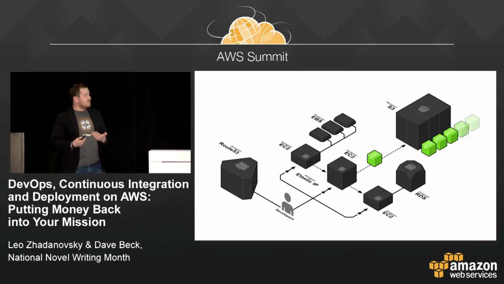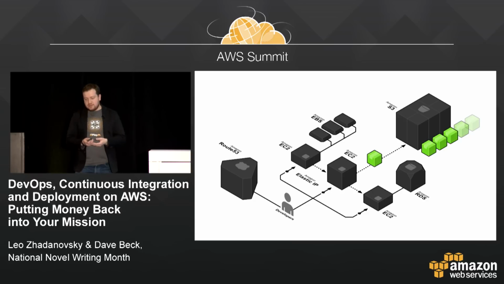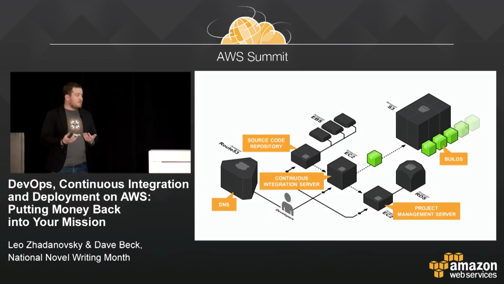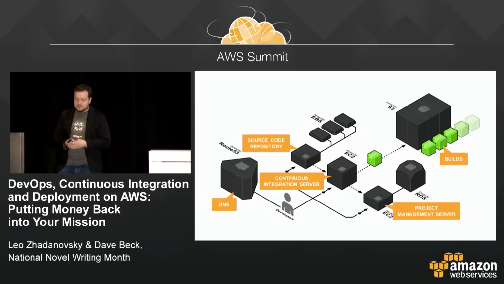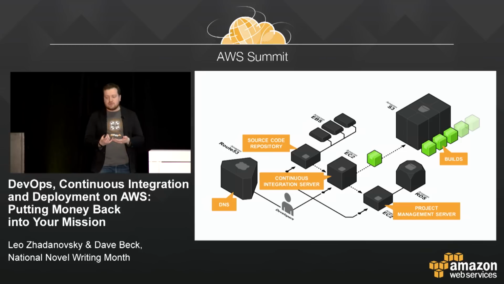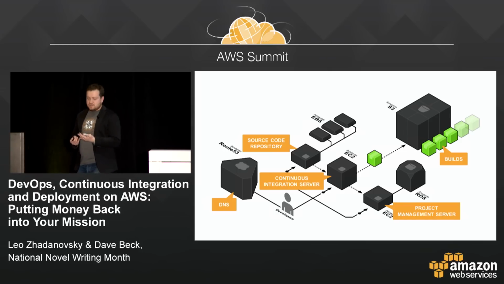So what does this actually look like from an architecture point of view? Well, the way it used to look was this. You would store your builds and all your artifacts in S3 ideally. S3 is an object store, so that's the proper place to store those things. You would have a project management server with whatever software you prefer, running on an EC2 instance.